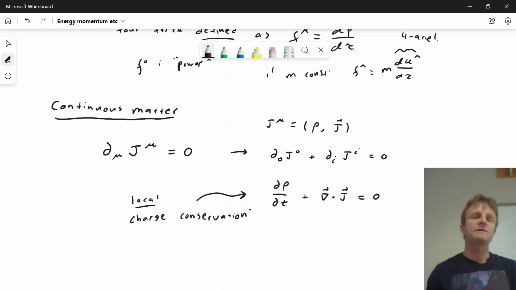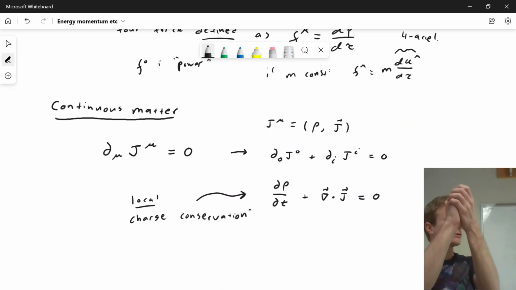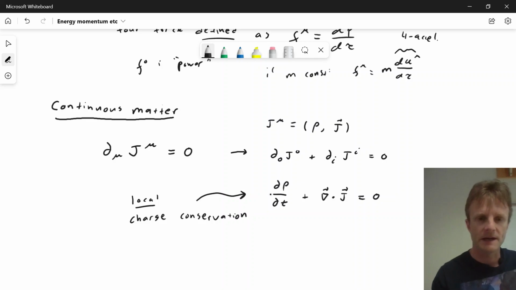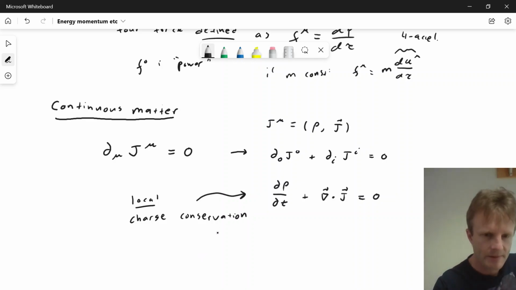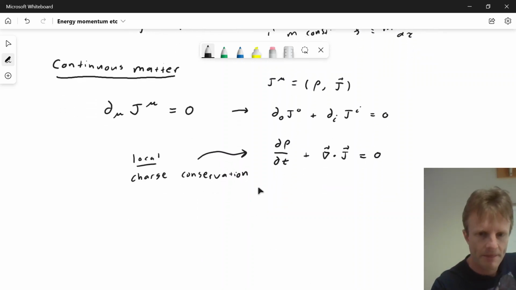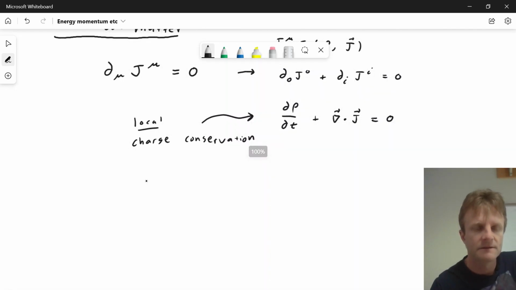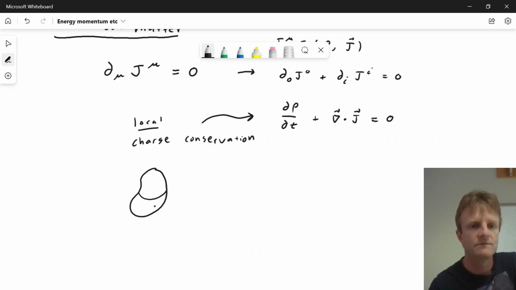I think the simplest way to think about it is to actually think about drawing a surface like my hands. So let's do that. We imagine some volume V bounded by some surface S. So V is the interior.